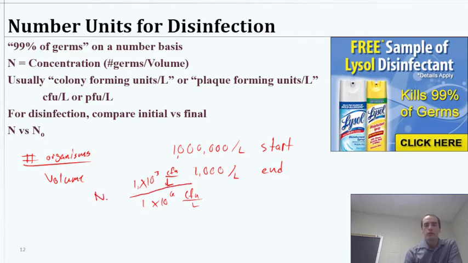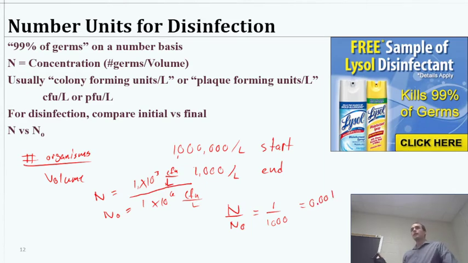Essentially what we're doing here is that's the N, and this is the N naught. So we're doing N over N naught. The only difference here is the 10 to the third versus the 10 to the 6. So we end up saying that that's going to be 1 over 1,000, or 0.001.